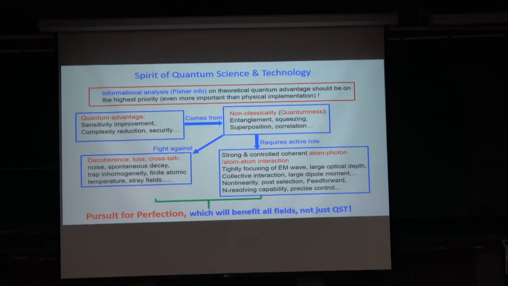In optics, you need to use some kind of nonlinearity, which requires a very active role, basically interactions. However, in the meantime, you need to fight with decoherence, noise, loss, crosstalk. And so these two things make quantum technology very, very difficult. And in the end, it's kind of a pursuit for perfection.